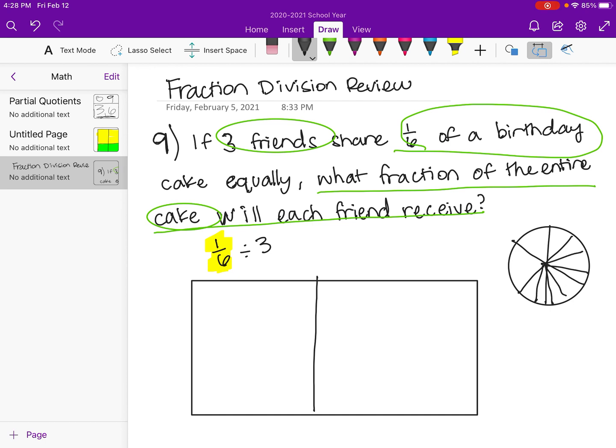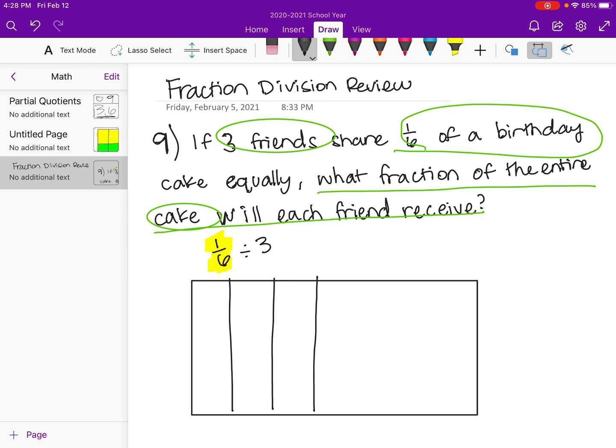And you could do that. It's more confusing for me, so I don't like to do it that way. When my dividend is a fraction, I like to start with a rectangle for my picture.